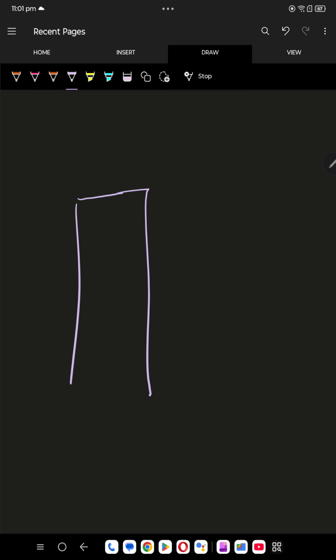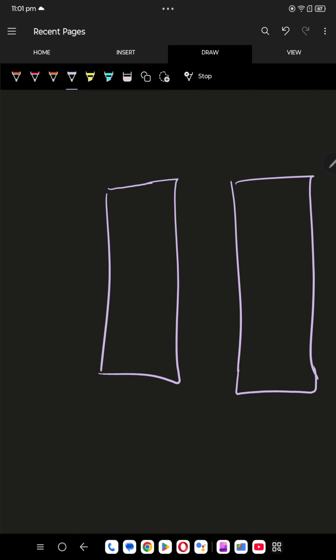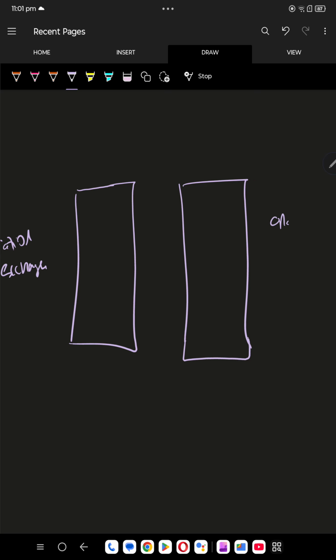Say this is the cation exchanger, and this is the anion exchanger. And the water flow I'll show you now.